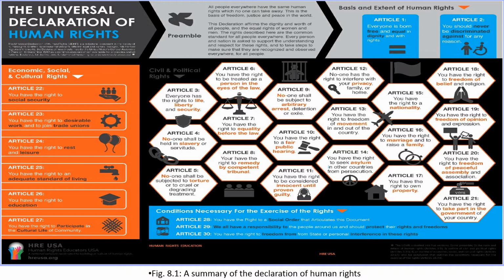So just some of the articles that we have here: Article 1, a declaration that everyone is born free and equal in dignity and rights. So here, everyone is born free and equal. And then Article 2, you should never be discriminated against for any reason. So this one is very broad. No discrimination for any reason.